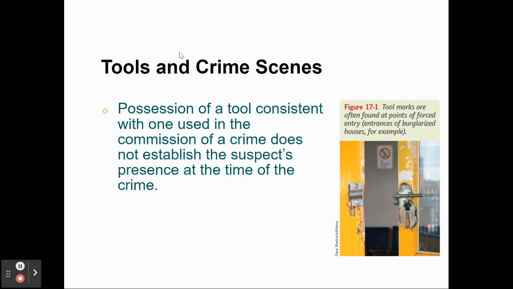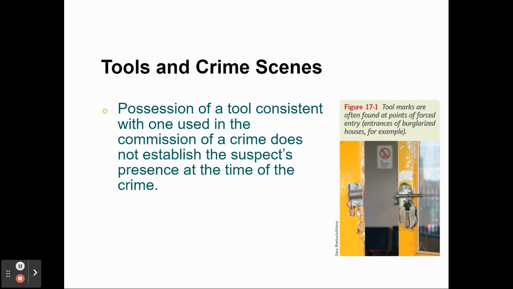All right, so as we look at tools in crime scene, just because you have a tool that is consistent with one used in a crime does not mean that you were there during that crime. Let's say you're looking at the door that you're investigating, and there are some pry bar marks here on the door, and you have a pry bar. Does that mean that you pried that door open?